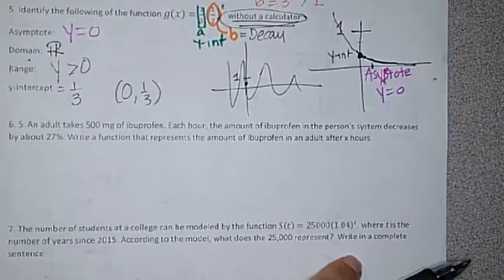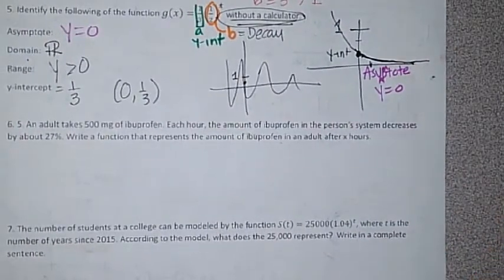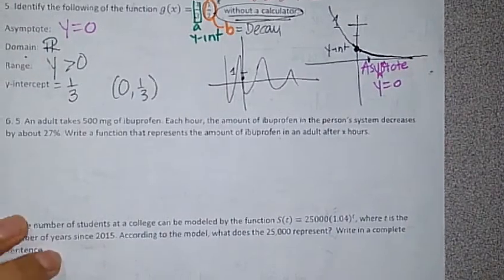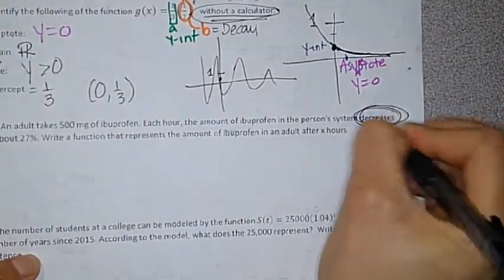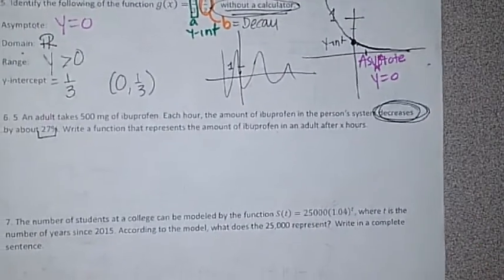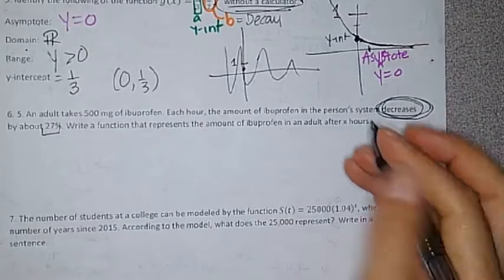All right, for number 6. An adult takes 500 milligrams of ibuprofen. Each hour, the amount of ibuprofen in the person's system decreases about 27%. Write a function that represents the ibuprofen after x hours.